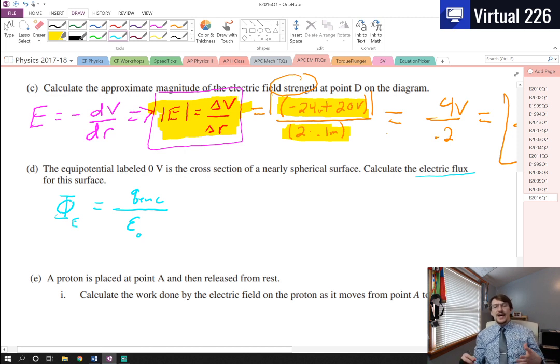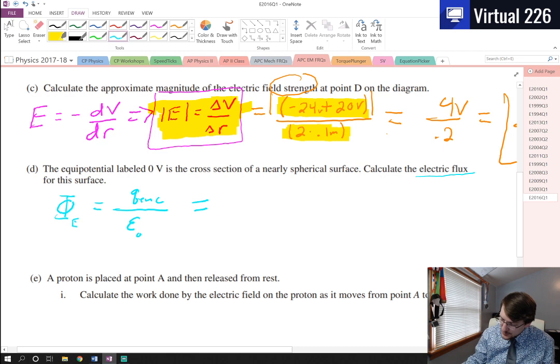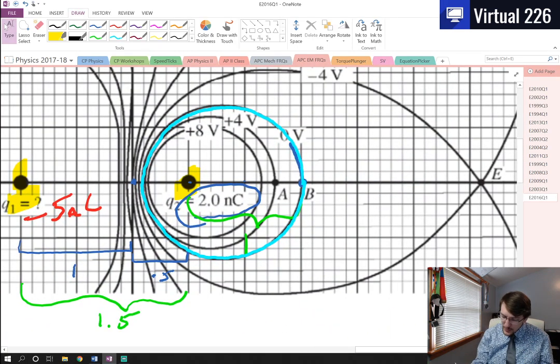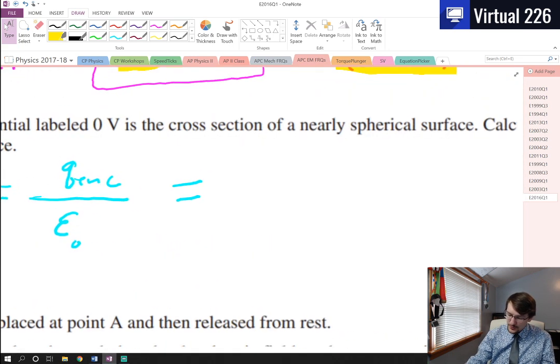We don't actually have to do the closed path integral of the flux through that surface because we're just looking for the flux. So since we've recognized that the flux is just the charge enclosed divided by epsilon naught, if we look at the diagram for this isoline that goes around, we have only enclosed one charge here, Q2. So that's the only thing we have to put into our enclosed charge.